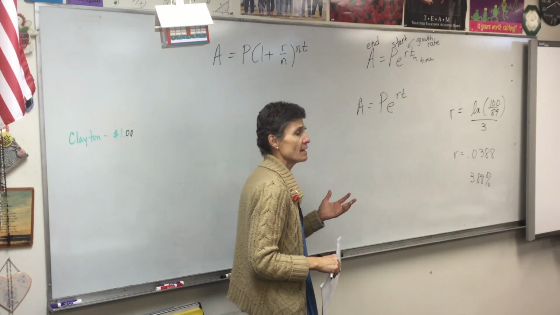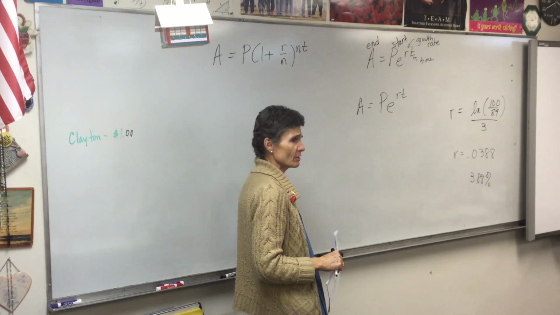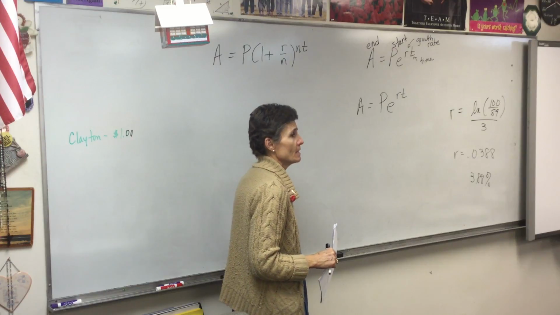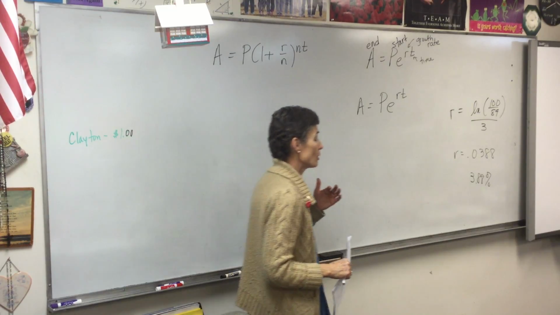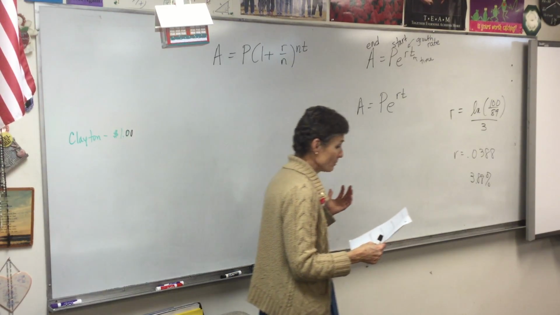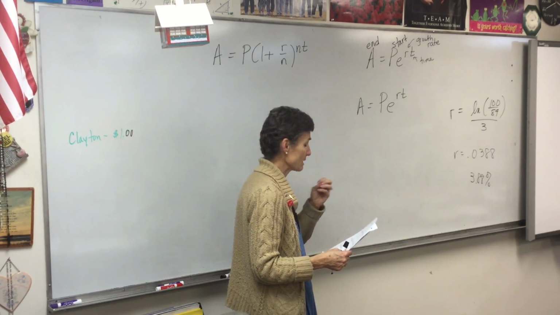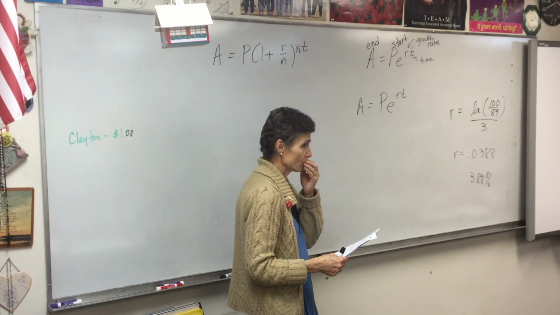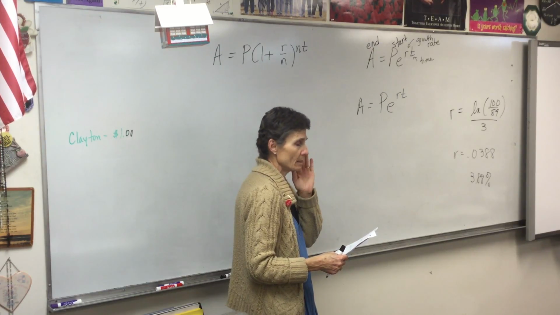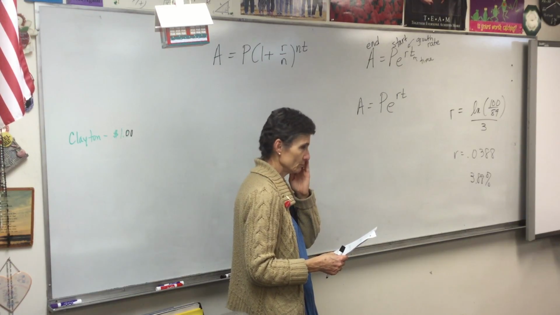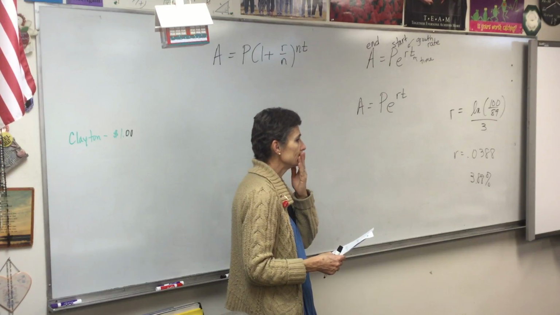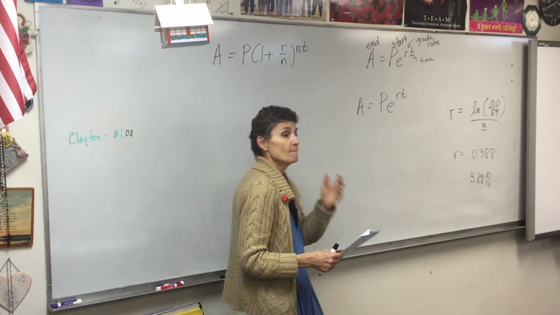Okay? Now we need to think back. Samantha, is everything okay, Angel? Yeah. Okay. We got to think back to our chemistry class. What do we mean by half-life? What does that mean? Do you remember? Hannah, do you remember? Not a clue. Okay.